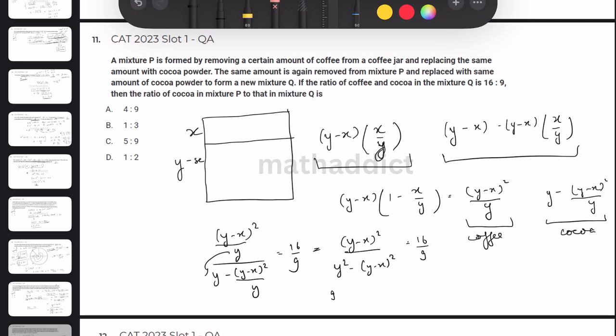So that gives us 9 times y, that gives us 25 times (y minus x) squared equals to, so this gives us y equals to 5x.